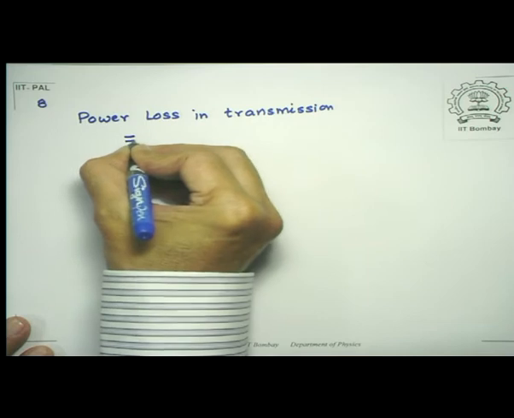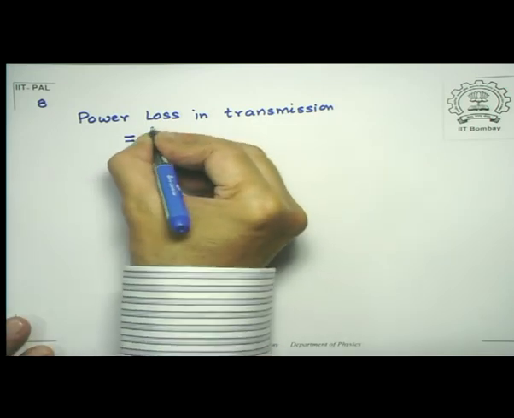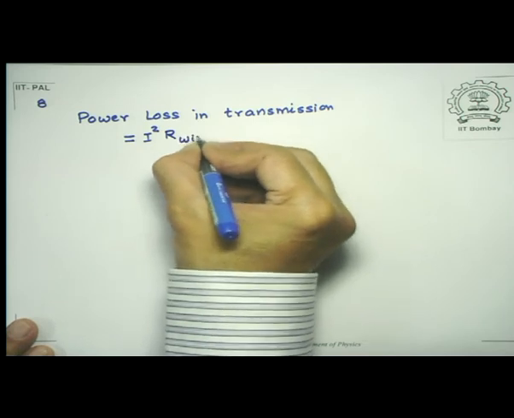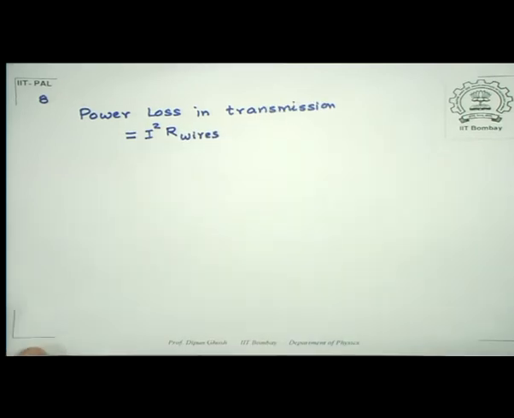So this is equal to I square times R of the wires. And remember that these wires are over large distances.